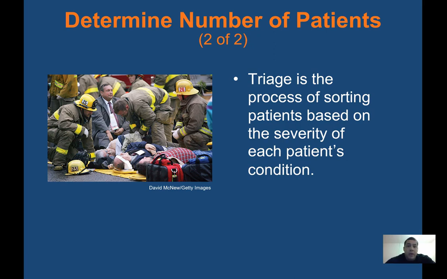We have, I believe it's green, yellow, red, and black. So black would be dead. Red is critical, so severe patient. Yellow is injured, but they could be delayed. And green is injured, but stable.